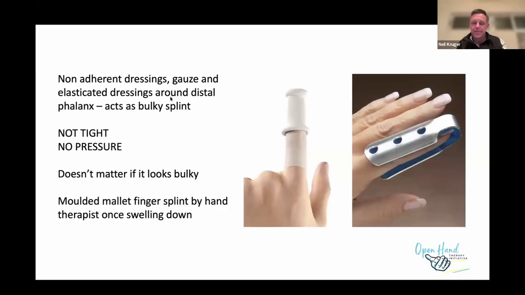I'd like to very briefly touch on the way that you dress the finger if you are assessing them in casualty. So please, please, please do not use circumferential bandages. What Pieter was saying earlier, I must admit I haven't seen a tourniquet that has been left on resulting in digital necrosis, but I've heard of a case or two where splints have been applied and they've caused complete finger necrosis.